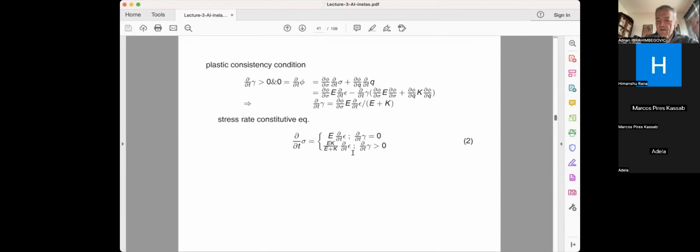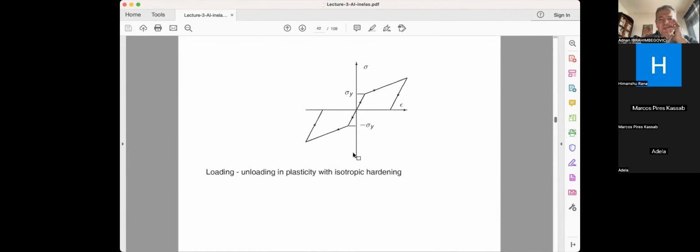Maybe I'll leave you the job for your homework to try to find a rheological model for elastoplasticity with hardening and to make sense of that in the spirit of the previous rheological model. This will be quite useful for you to handle. So this is the stress-strain diagram for elastoplasticity with linear hardening.